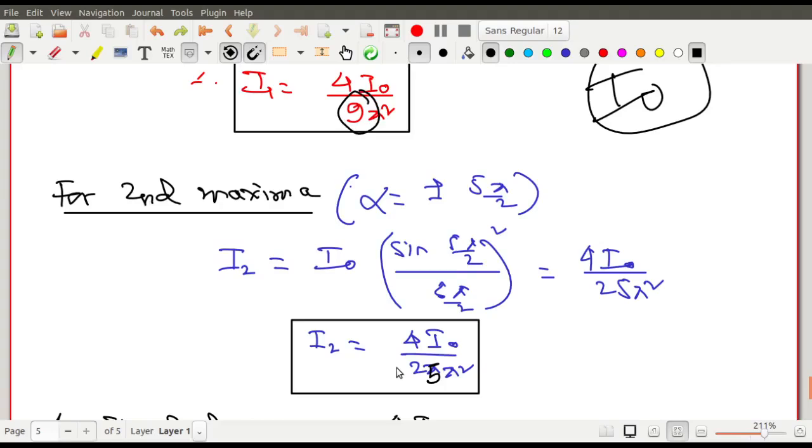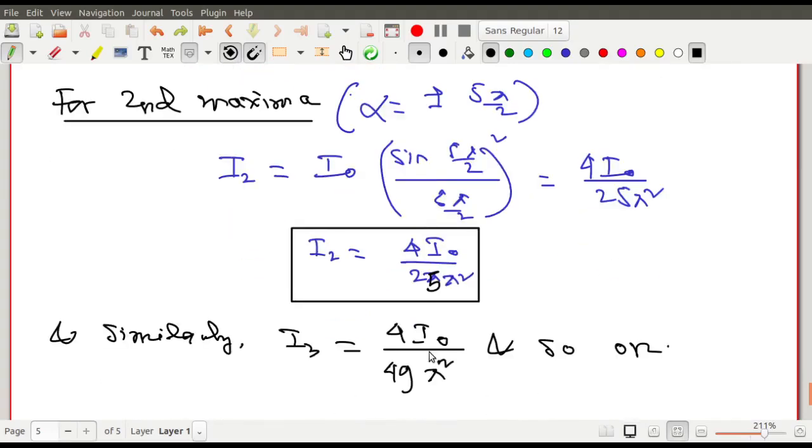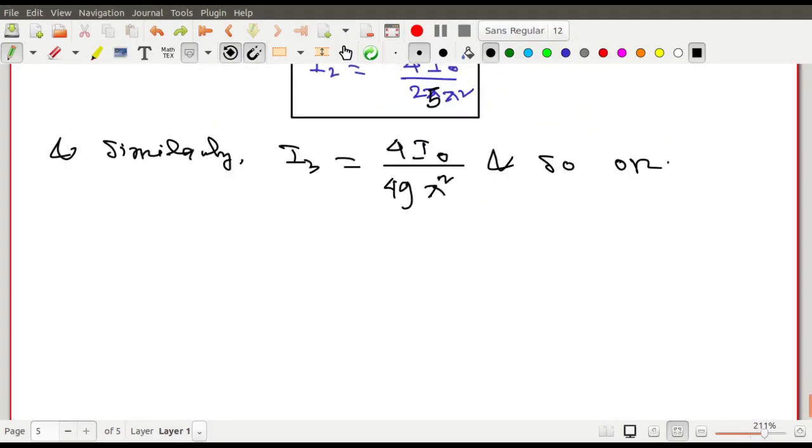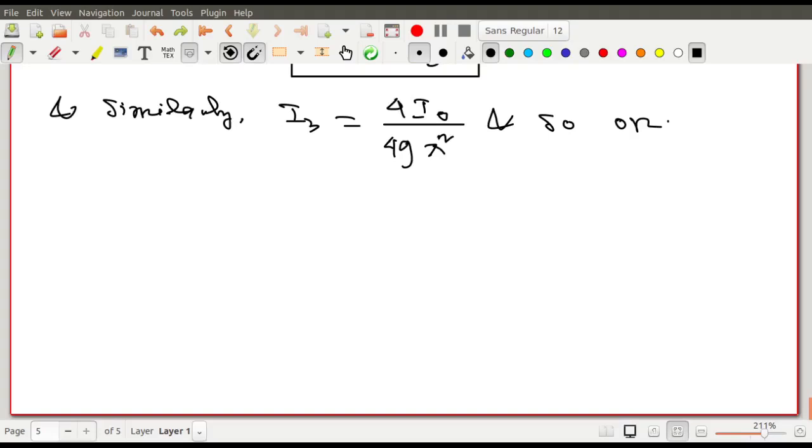So this is lesser, right? And I3, you see, is divided by 49. From 25 to 49, the other terms are the same. So as you are moving towards the outer orders, your maxima intensity is gradually decreasing in this particular system.